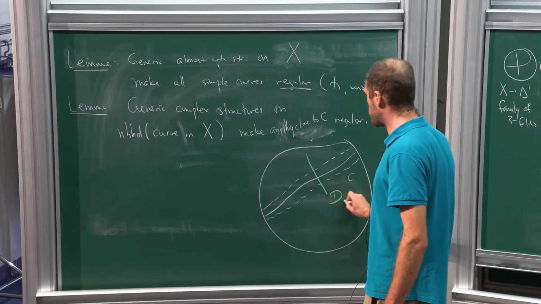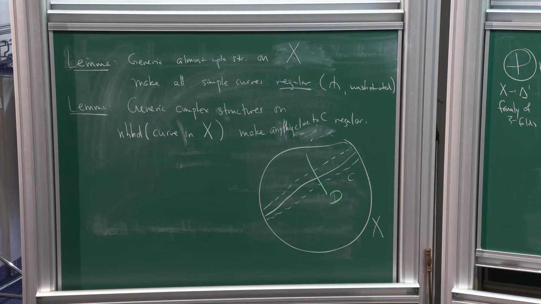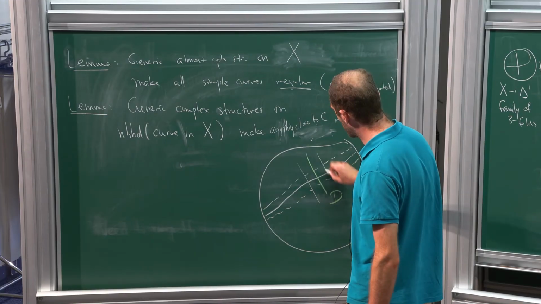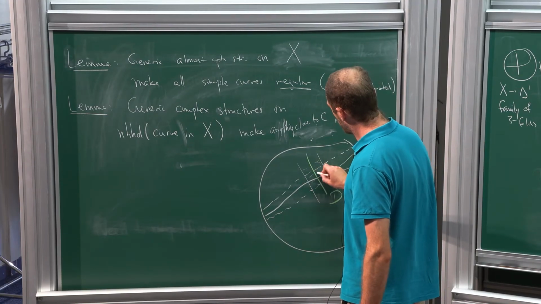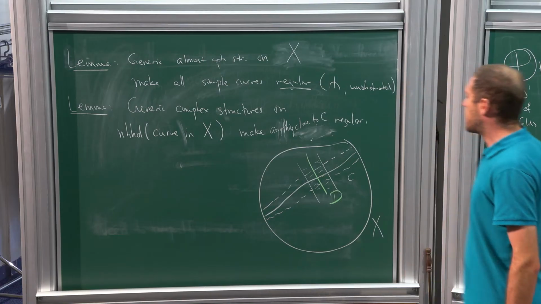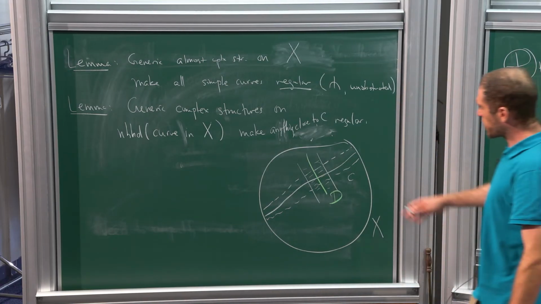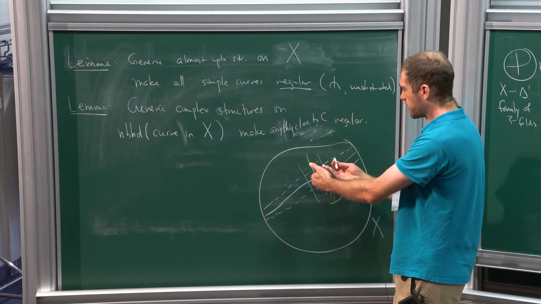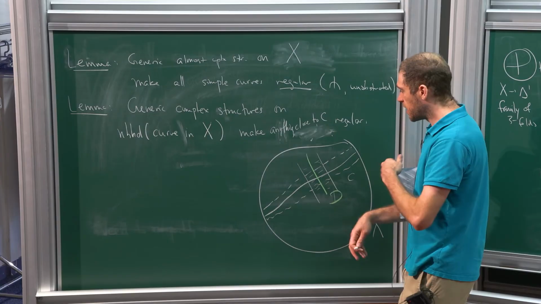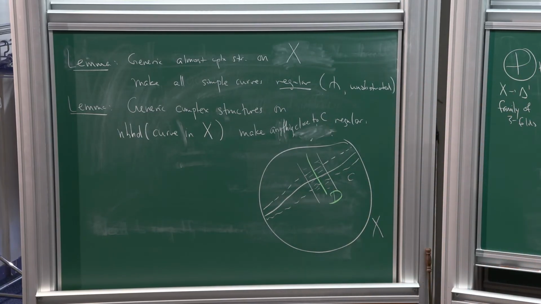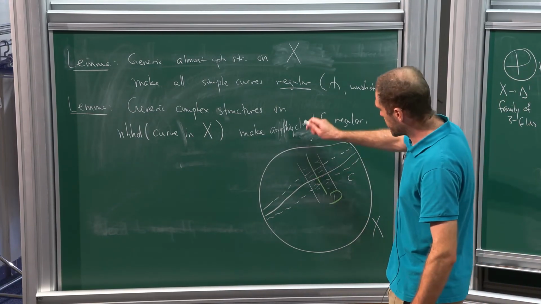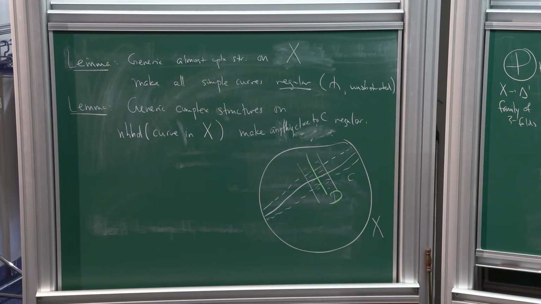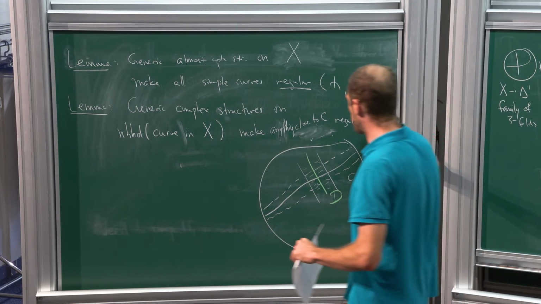You take a divisor, which is transverse to the curve, and you take a neighborhood, and you express this neighborhood as the gluing of the neighborhood of the divisor and the complement of the divisor over the punctured neighborhood, and you reglue via the flow of some meromorphic vector field on this neighborhood of D, with poles along D. And using that regluing, you get enough complex structures to make C regular.